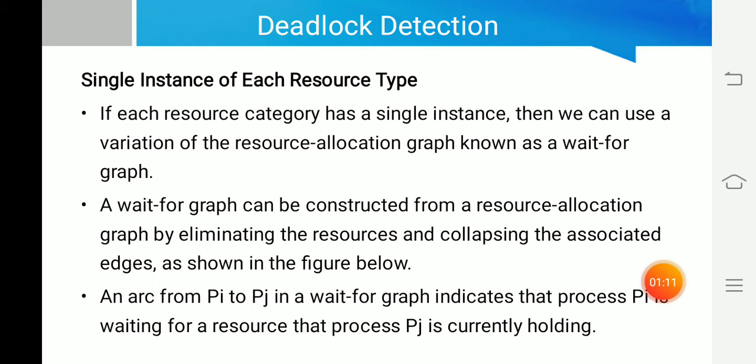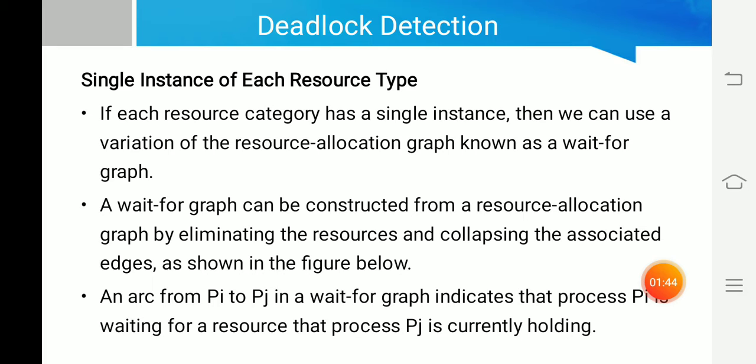For this, we will apply a new version of the resource allocation graph, that is the wait-for graph. The wait-for graph is constructed from the resource allocation graph. It is an extension of the resource allocation graph, constructed by eliminating the resources. The wait-for graph does not have resource nodes. It will only have the processes, and then we collapse the associated edges, as will be shown in the next diagram.